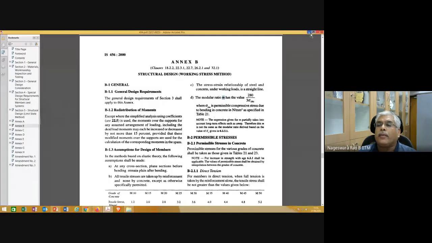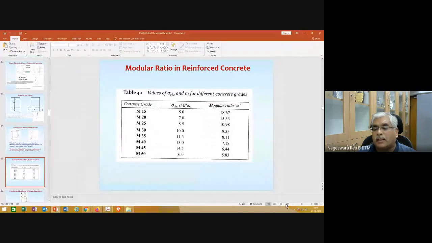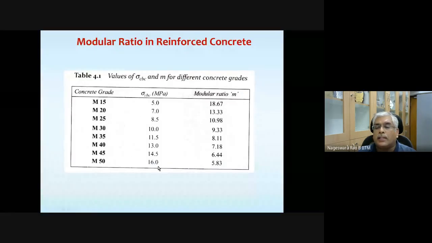Okay. So making use of this, for sigma CBC, you just go and see Table 21. For different grades of concrete, you can tabulate in this manner. So that is what is given here.